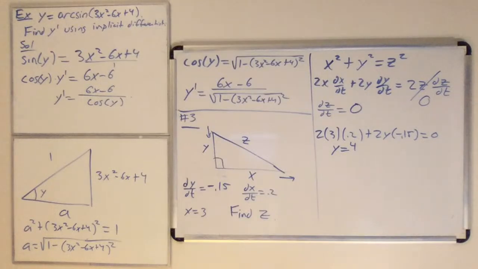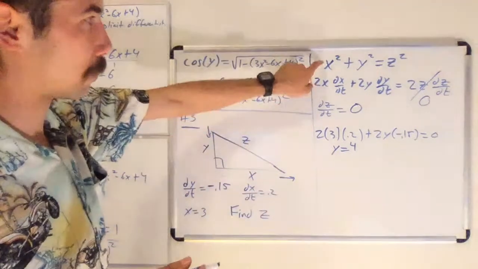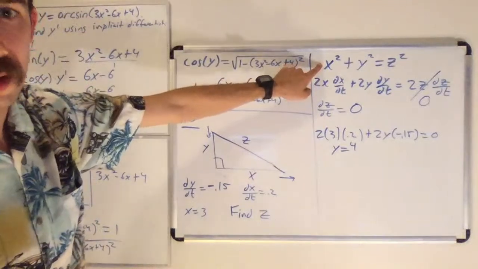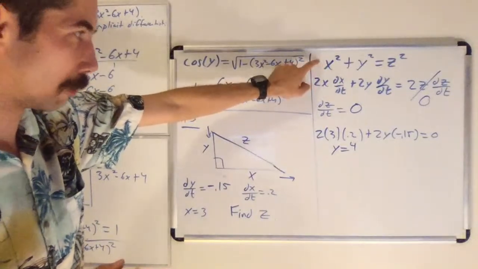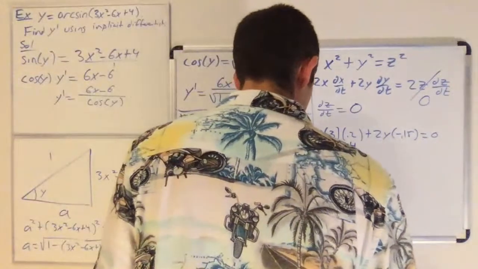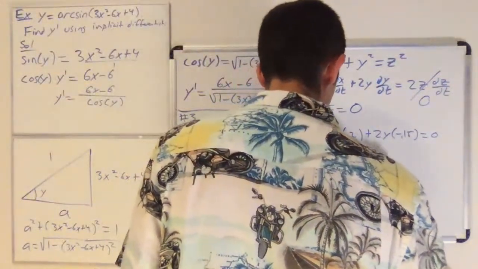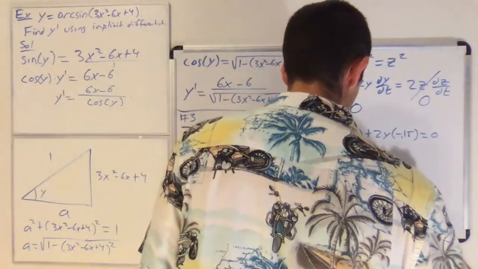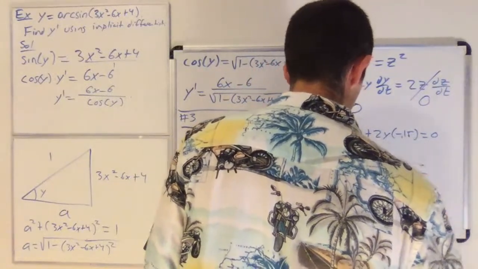Yeah, Pythagorean Theorem again. So we could use our equation up here, the way that all the variables were related. So 3 squared plus 4 squared equals z squared. You get z equals 5.